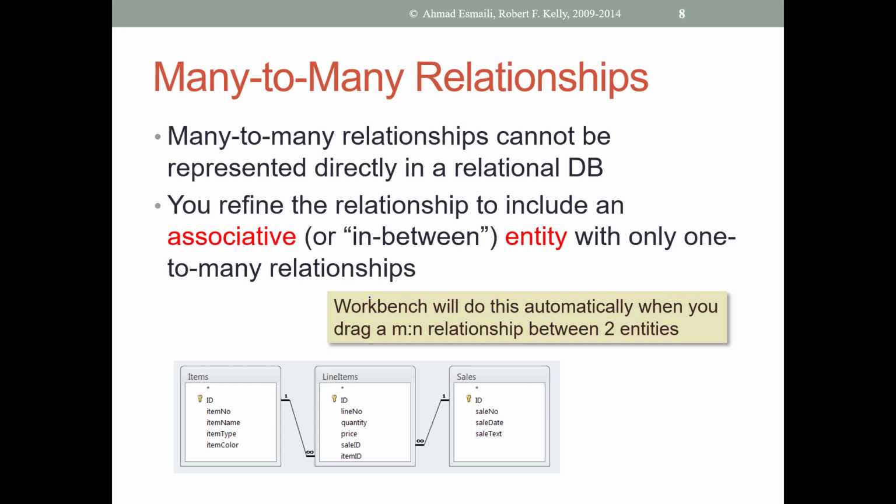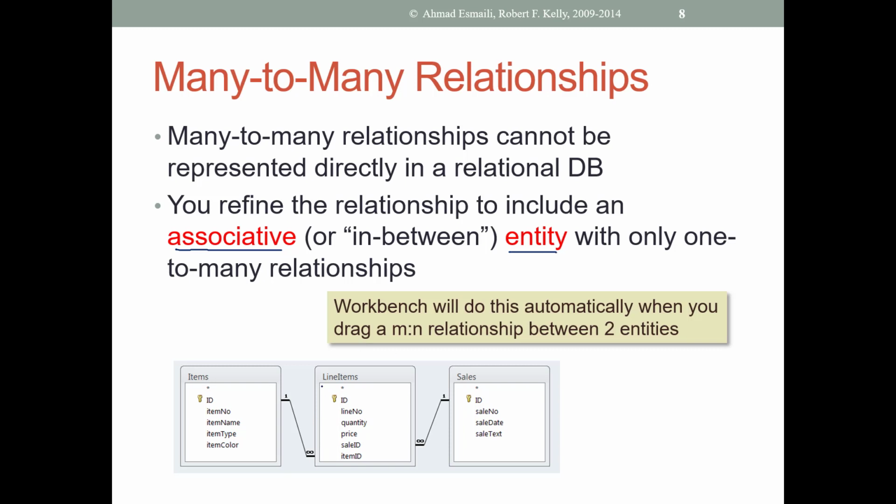So we need another entity in between the two original entities like items and sales. In order to model and implement this many-to-many relationship, you will need another entity that you see right here, line items, and this is called associative entity.